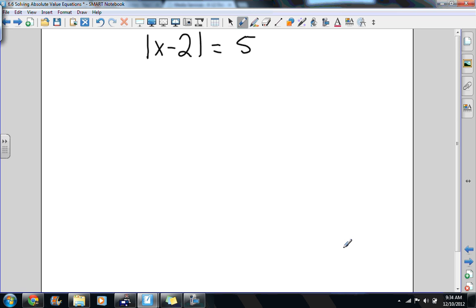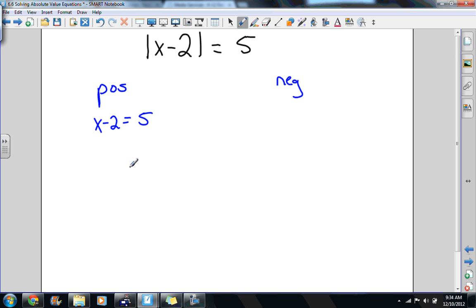What we're going to be working on today is that because absolute value forces numbers to be positive, what's inside these bars can be positive or negative, but both are going to come out to a positive 5. So we will have a positive and a negative side inside these bars. The positive one is super easy. You just take this and rewrite it without the absolute value bars: x minus 2 equals 5.